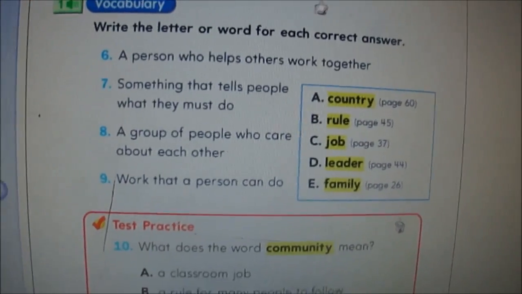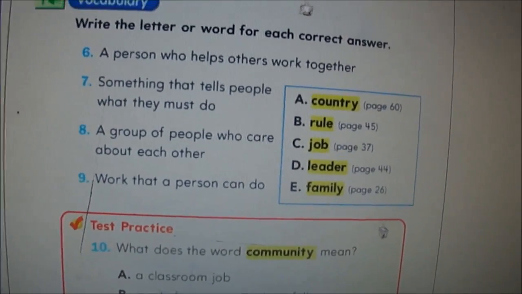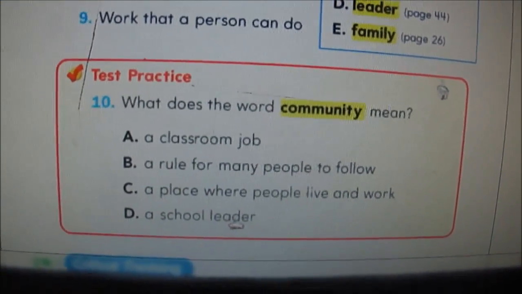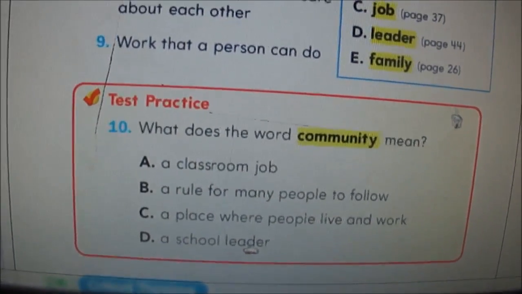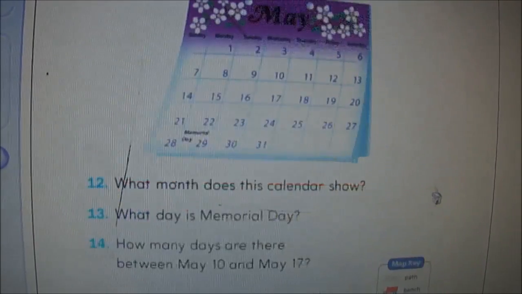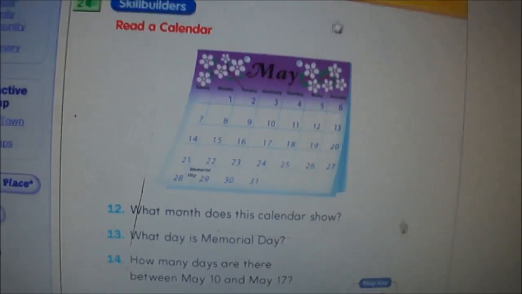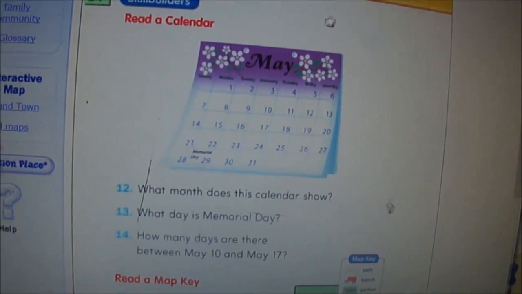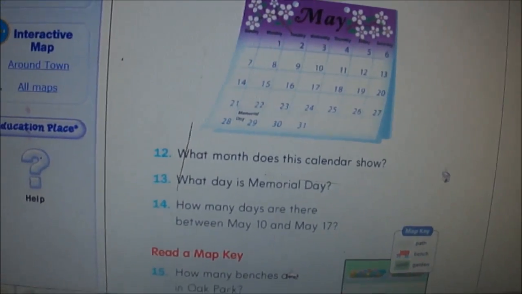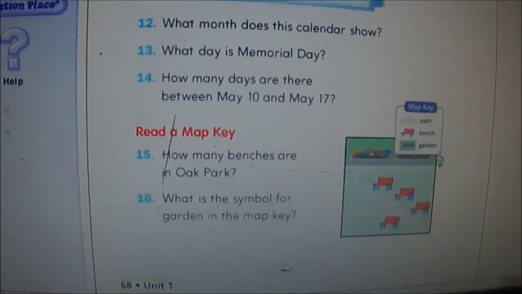And then you get your vocabulary portion and your test practice. What does the word community mean? They're reviewing their skills of reading calendars and also maps.